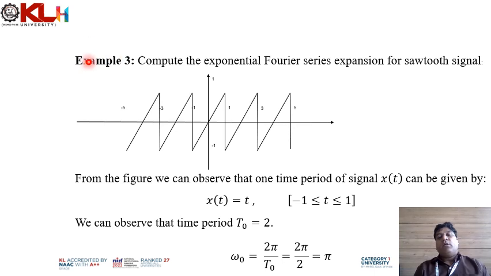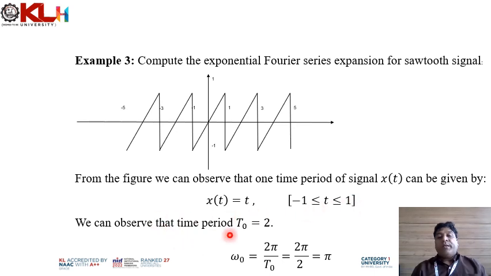Now here we are going to see a simple example of how to compute the exponential Fourier series for a sawtooth signal which has this particular waveform. From the figure we can observe that one time period of the signal x(t) can be represented as, at the origin, x(t) = t for time from -1 to +1.